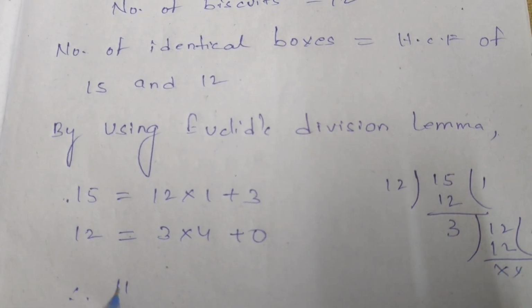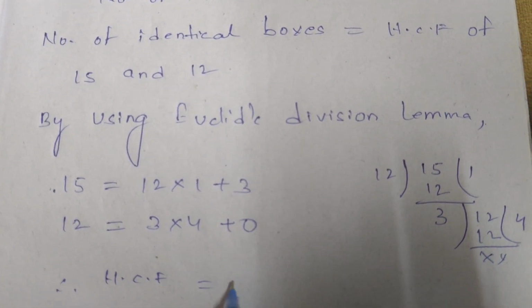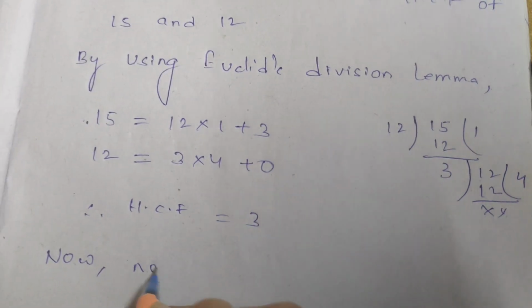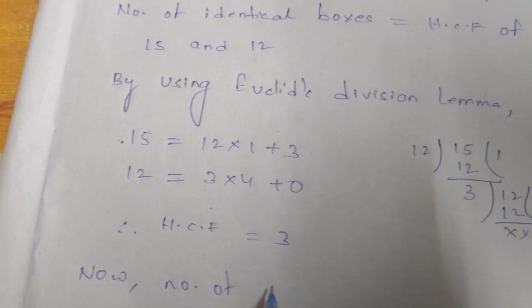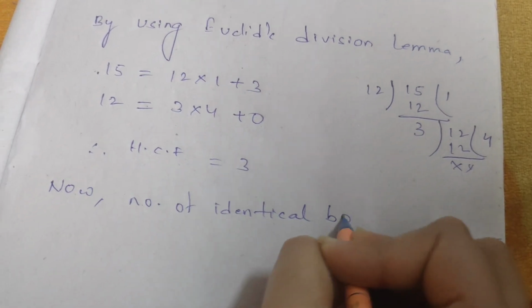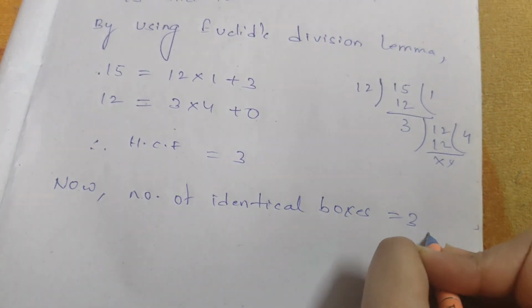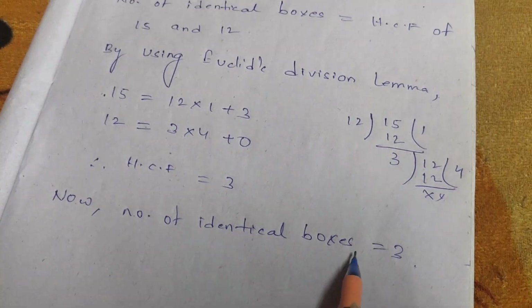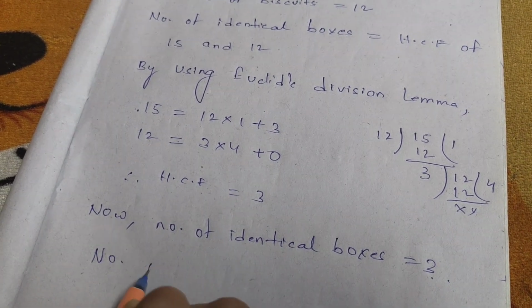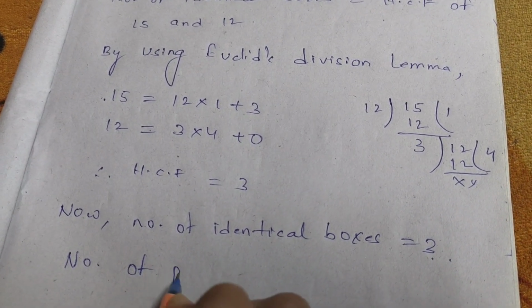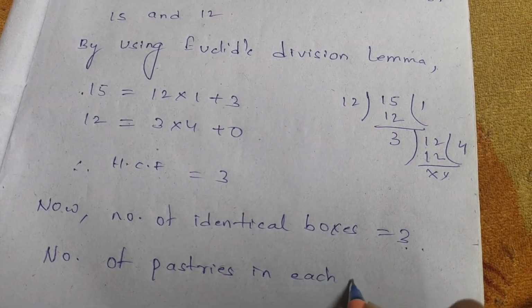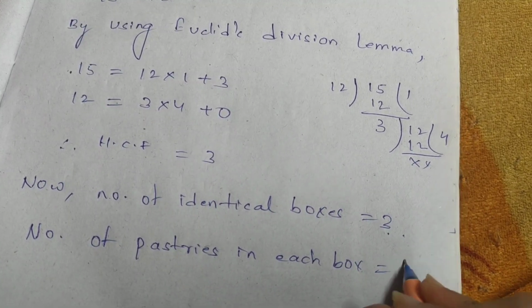So therefore the HCF we get is 3. Now number of identical boxes equals 3. Now number of pastries in each box: number of pastries is 15.